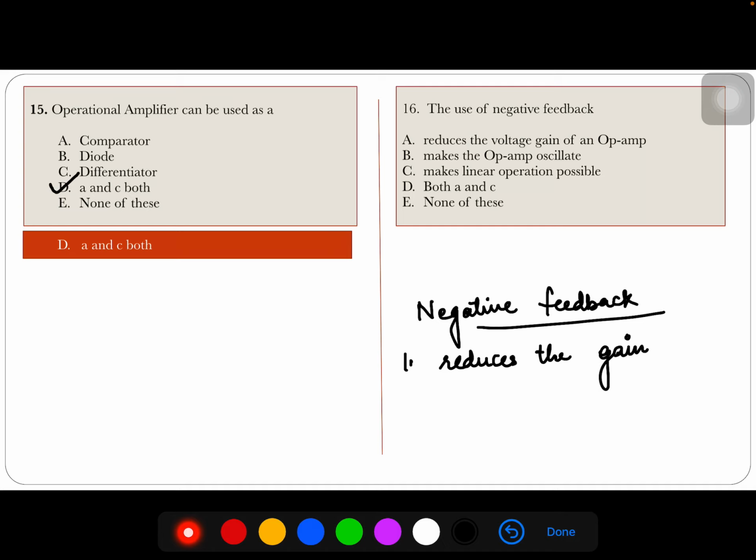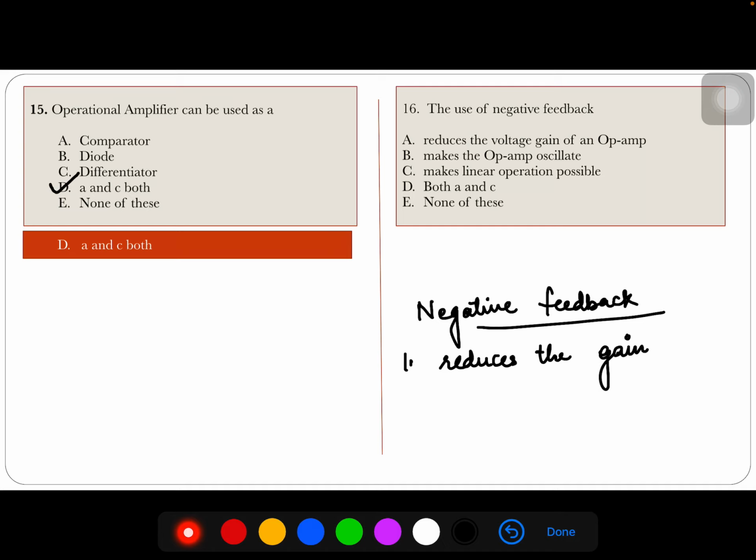So at a slight loss of gain, we are increasing the stability of the gain, which is very, very important and a good factor. Okay, so we bear this loss at the compensation of the stability. So it reduces the gain, that is correct, but it increases the stability also.